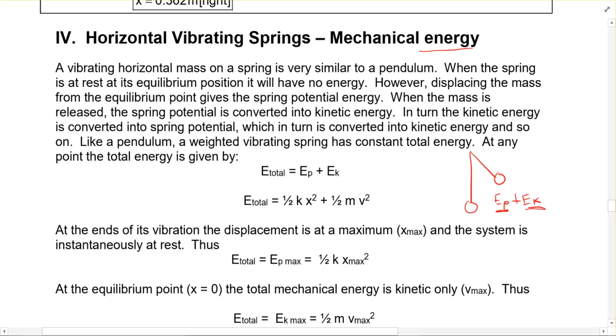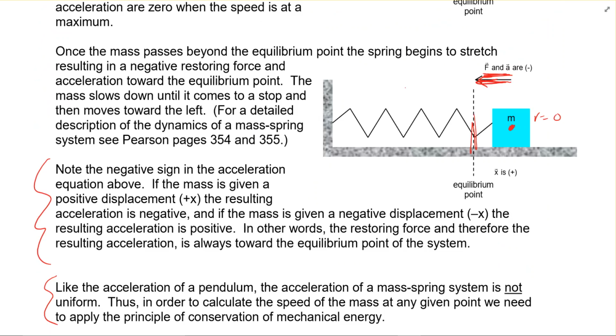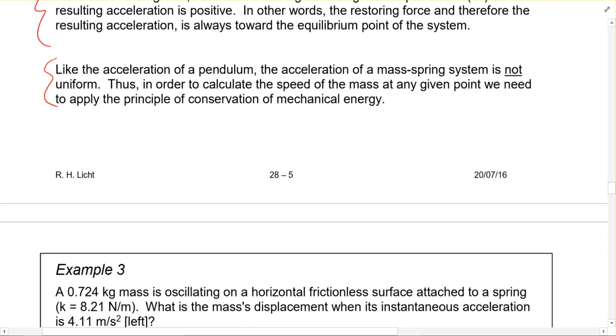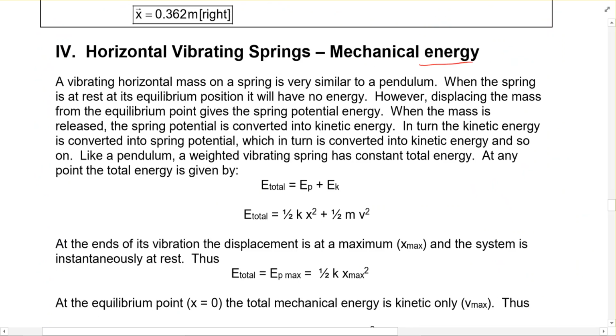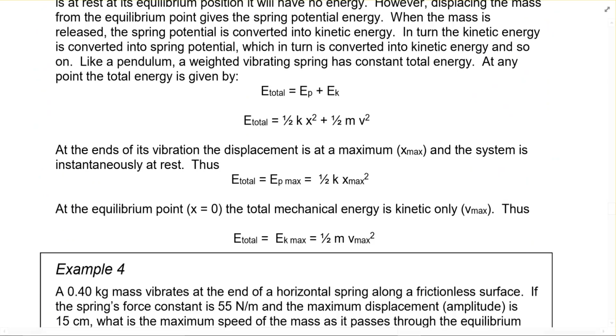Now with a vibrating spring, our potential energy is spring potential, so we have to use a different formula, 1/2 kx squared. Other than that, it's really similar. Our maximum kinetic energy will be as it crosses our equilibrium position. Our maximum potential energy will be where it's stretched out to one side or the other the most.